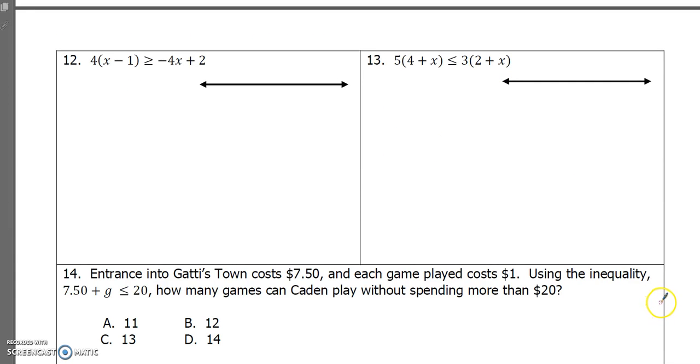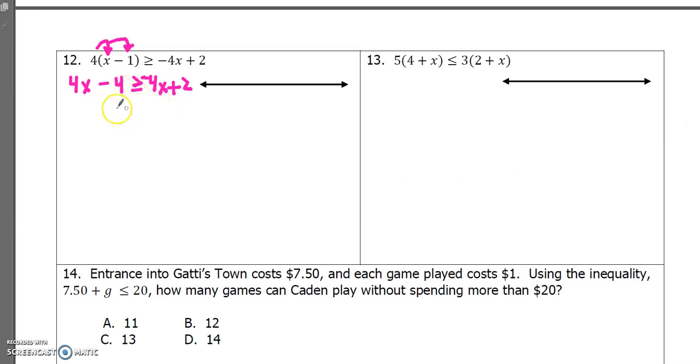Okay, 12 again, I need to isolate my variable of x before I can graph it, so I'll need to distribute my 4, and that I'll get 4x minus 4 greater than or equal to a negative 4x plus 2. Then I will need to move my x to one side.